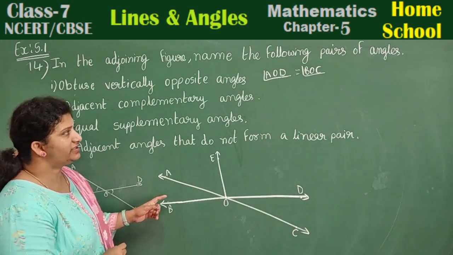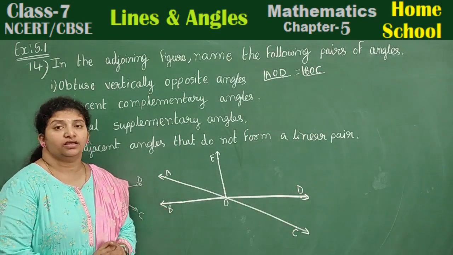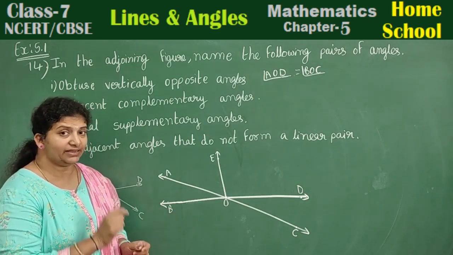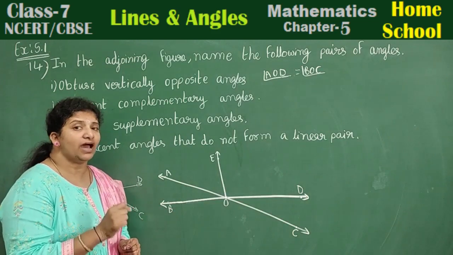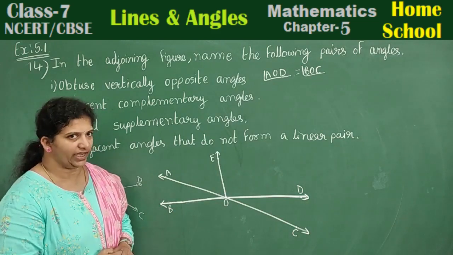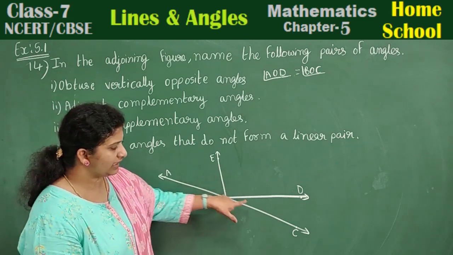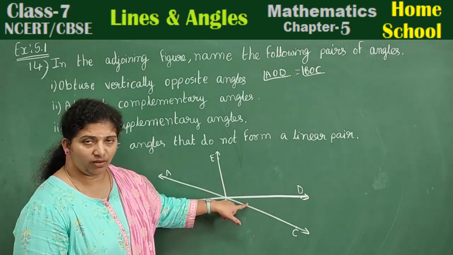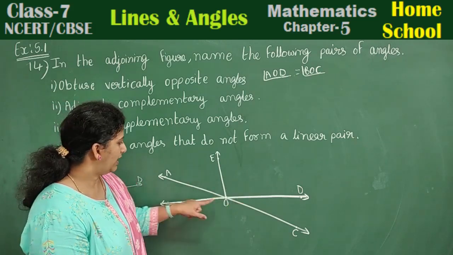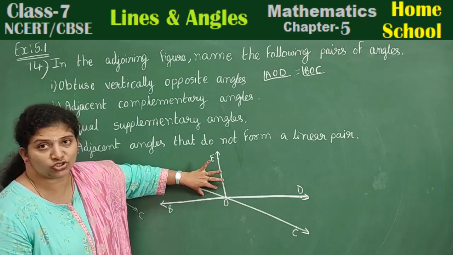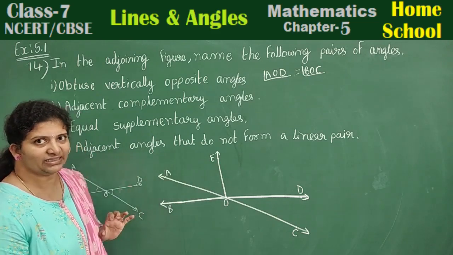Next one, adjacent complementary angles. The two angles' sum will be 90 degrees and the two angles must be arising from the same common vertex. Look here, where you can see this angle, do we get complementary? No. And this, no. Then I think these two will create adjacent angles.